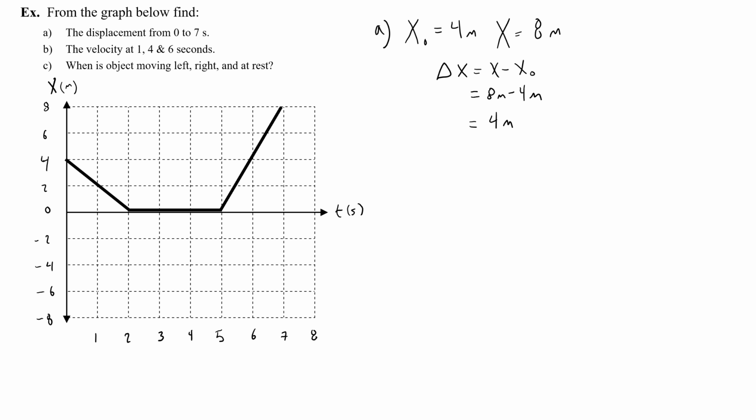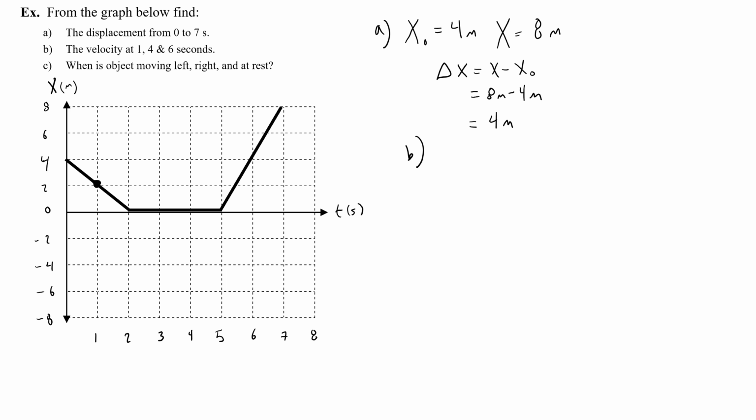All right, B. The velocity at 1, 4, and 6 seconds. So to find the velocity at a time on this graph, let's start with 1 right here. I just need to find the slope of that straight line, because the slope is the same from 0 to 2 seconds. It's like a constant steepness since it's a straight line.